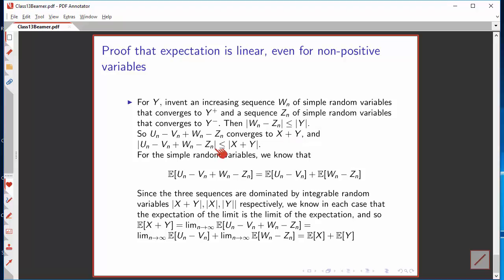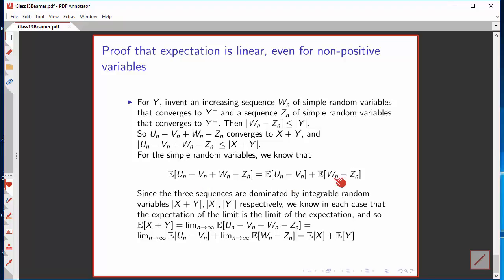And furthermore, the absolute value of the nth term is less than or equal to the absolute value of x plus y. And wonder of wonders, these are all simple random variables for which we know that the expectation of the sum is the sum of the expectations.